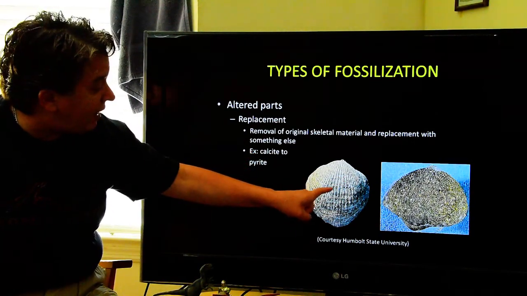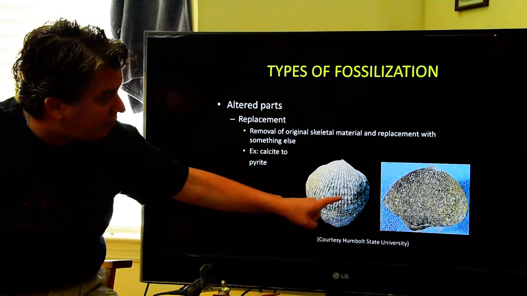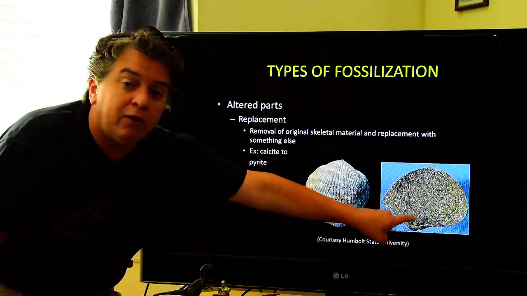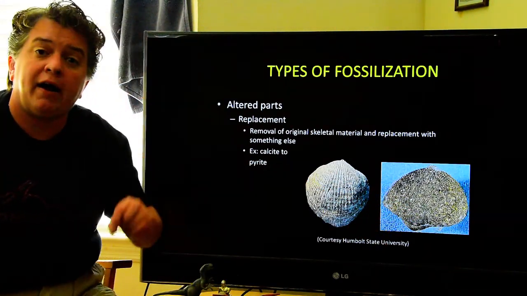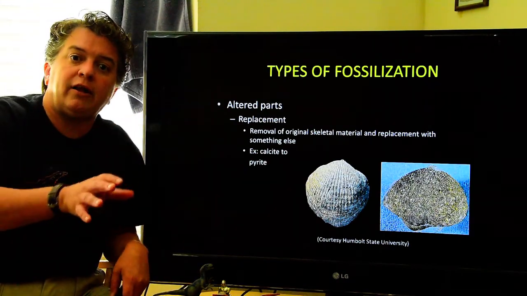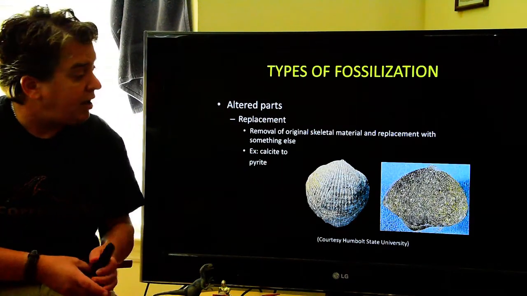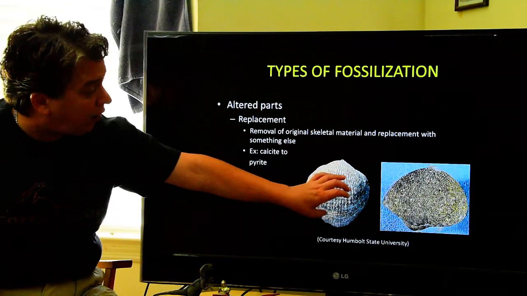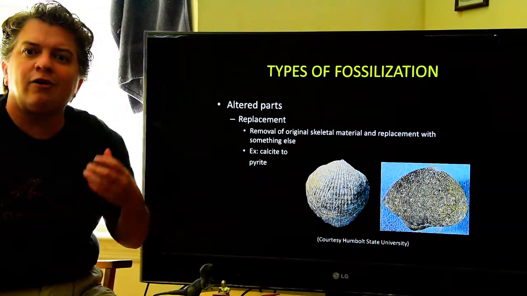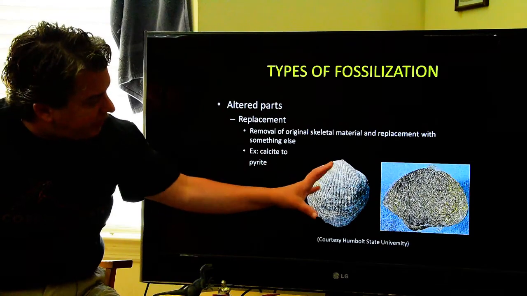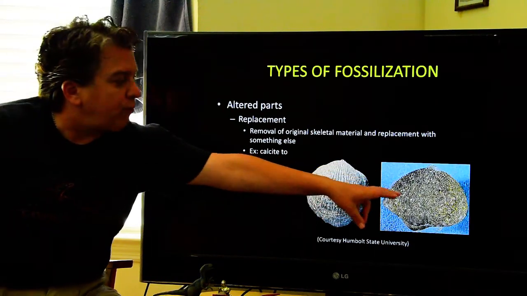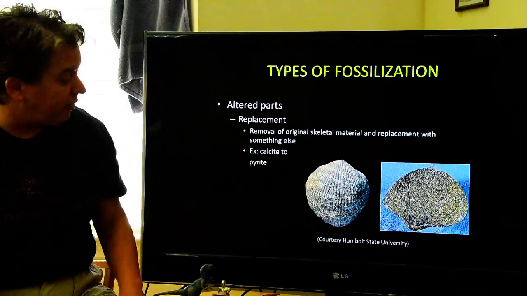It would originally have a calcite shell like this, and in this one, it's being replaced by the mineral pyrite. So totally different chemical composition. Calcite is calcium carbonate, pyrite is iron sulfide. So we completely removed the original and replaced it with a different mineral.